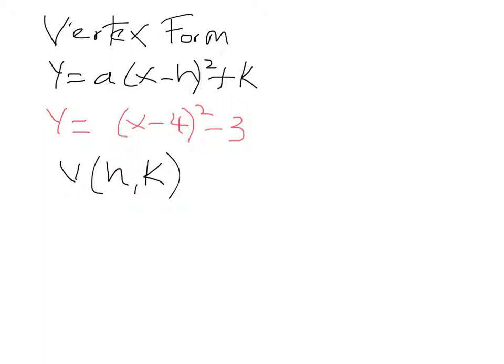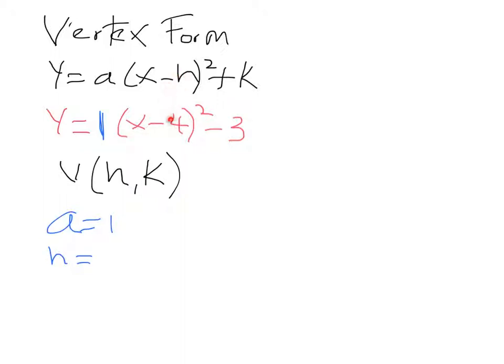Therefore, if there's no number in front of the parentheses, then you have a 1. There's an invisible 1 right there. So, a equals 1. Now, the h is the opposite of whatever you have inside the parentheses.